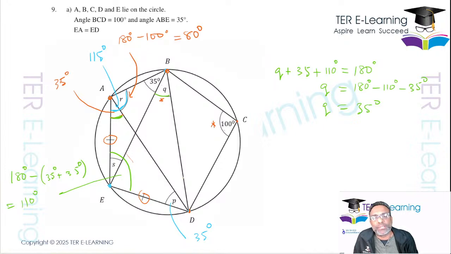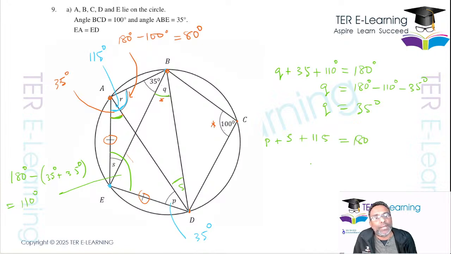So this angle here is the same as angle S. So P plus S plus 115 is equal to 180.